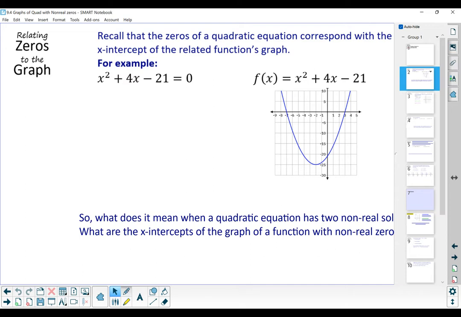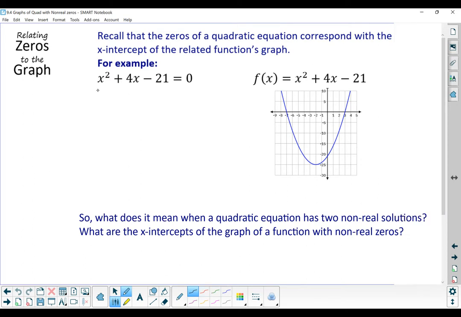So for example, if we have x squared plus 4x minus 21 equals 0, for this example, I chose a factorable quadratic, just to save us a little time. So thinking about factoring x squared plus 4x minus 21, we know that each of the factors is going to lead with an x in this case.